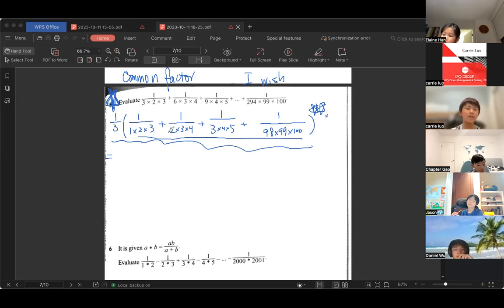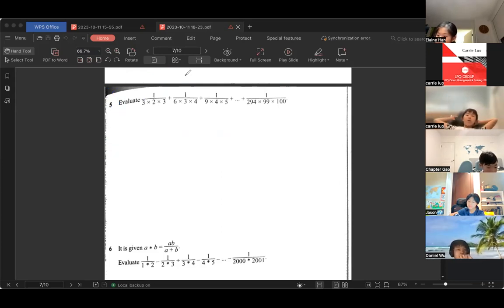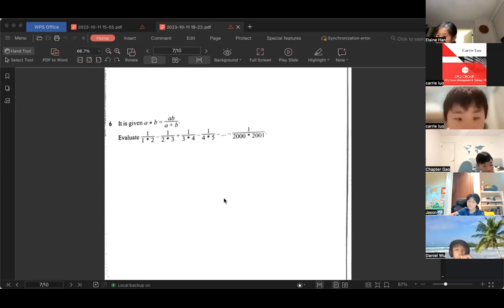So you don't have to do question 5. You just understand this, but if you can do it yourself, Oliver, you can. But if you don't, you can just leave number 5 alone and write it like this. Yes, exactly. I want you to try, but if you don't know how to do it, it's fine because next week we're going to explain this one. I don't have time this week.